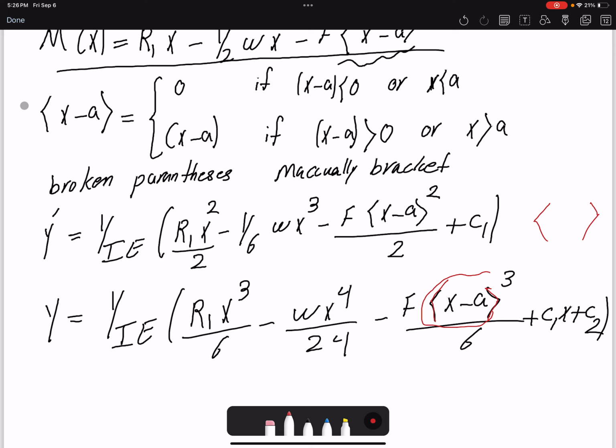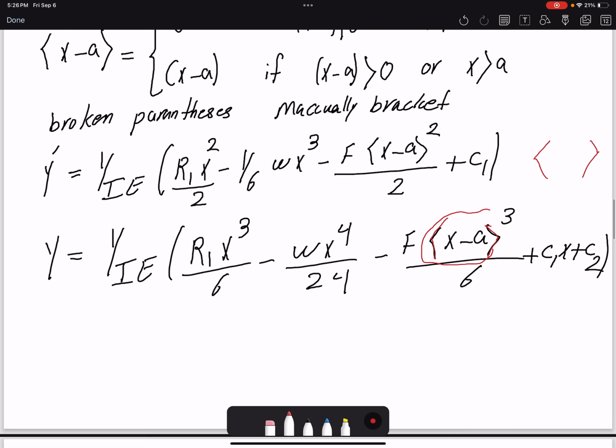So even MATLAB understands broken parentheses. If I want to write this in MATLAB, I can write F times x minus a cubed over 6. That's fine. Just to say that this is a broken parenthesis, I need an additional term multiplied by x bigger than a.